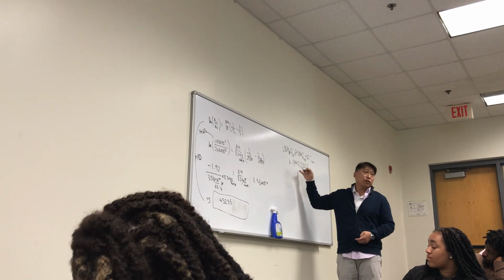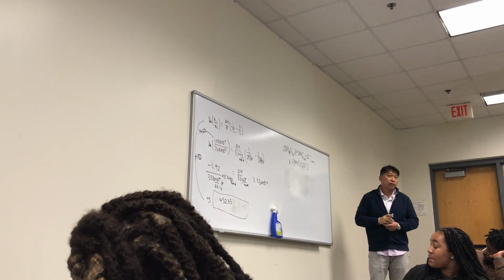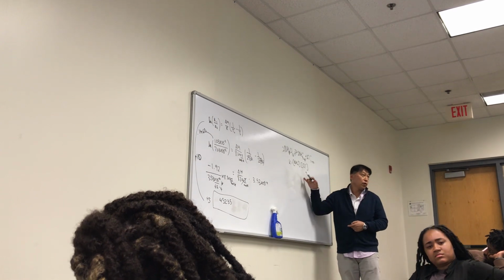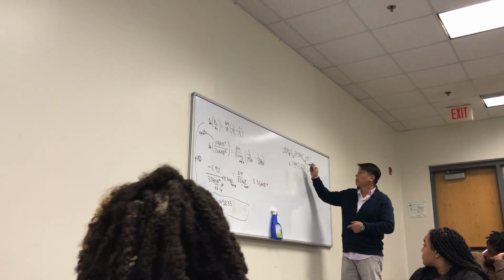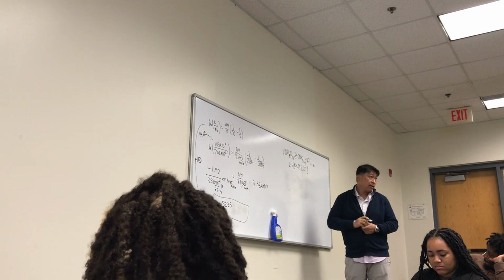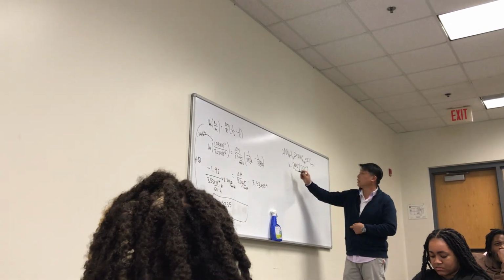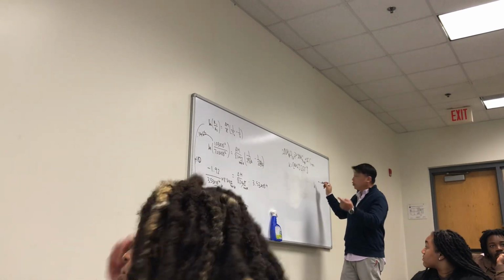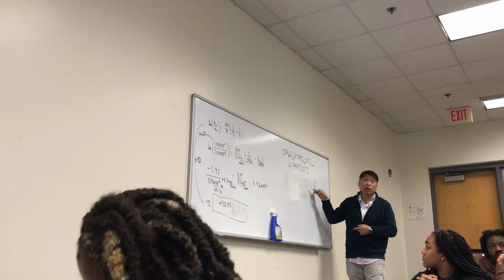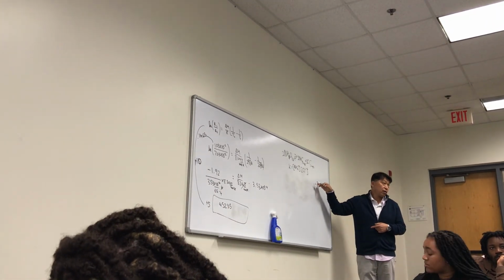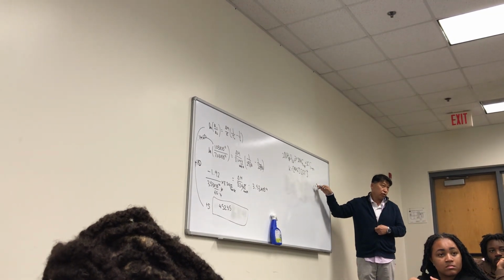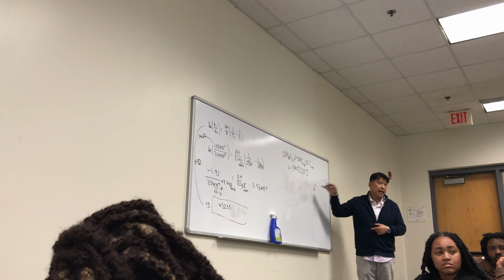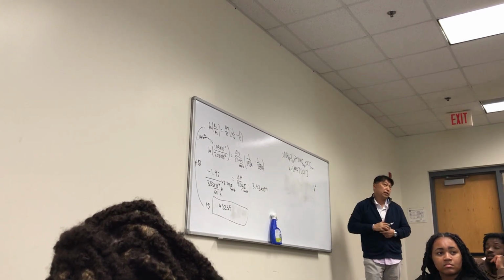What do you do with the coefficient in equilibrium? You raise it by power, right? So when you multiply this by 2, you raise the equilibrium to the power of 2. If you multiply by 3, you raise it to the power of 3. That's what rule number 2 says.